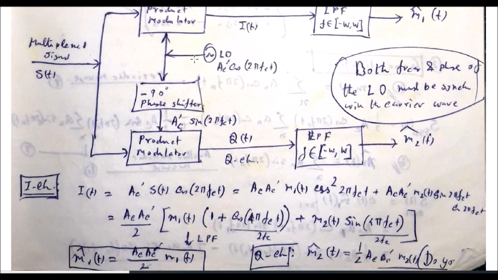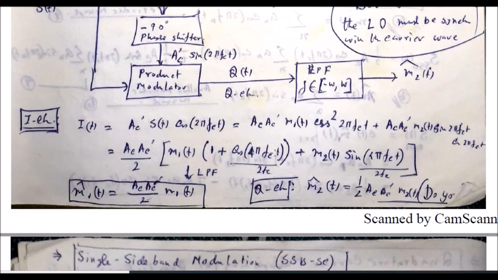Now see that on the lower side, the same received signal will be demodulated using the 90 degree shifted carrier signal, that means the sinusoidal carrier. Okay, so if you do that, it is the quadrature channel, and similarly, just in place of cos 2 pi fc t, you put sin 2 pi fc t and do the rest.